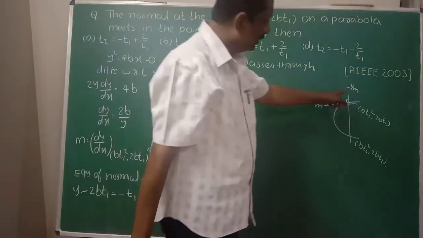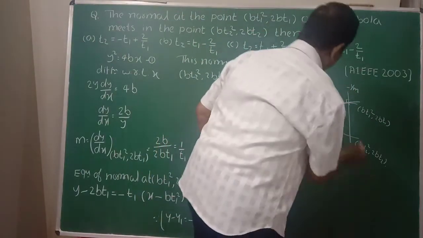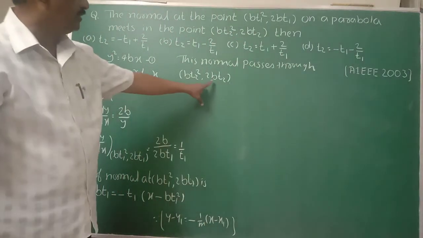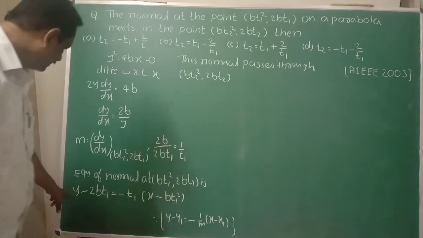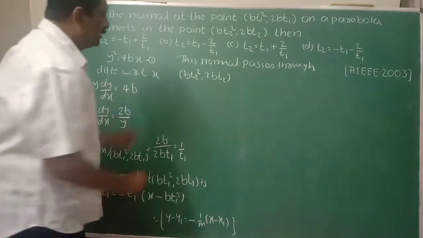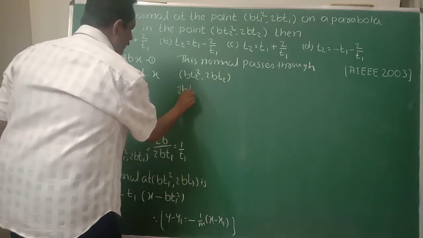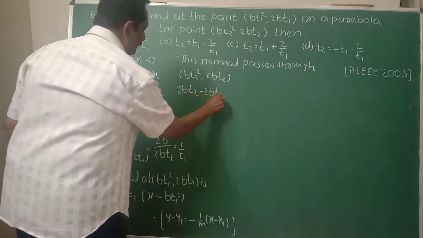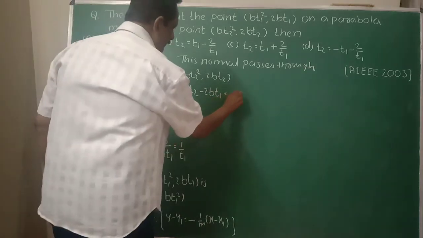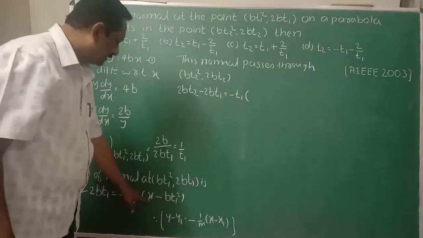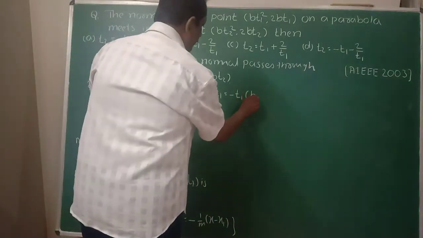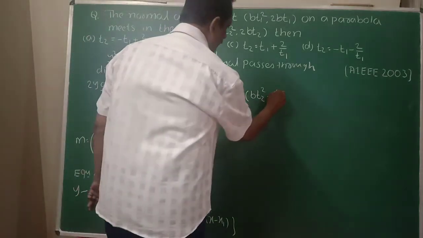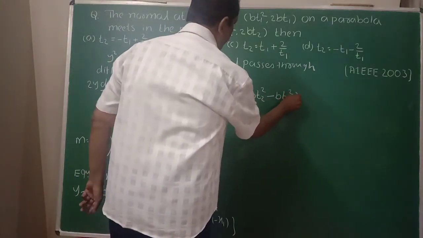The same normal passes through this point, therefore x is bt2 square and y is 2bt2. So substitute y is equal to 2bt2: 2bt2 minus 2bt1 is equal to minus t1 into the bracket of x, which is bt2 square, minus bt1 square.